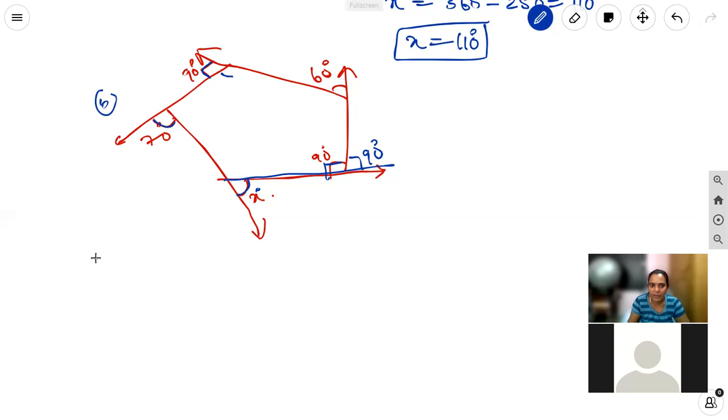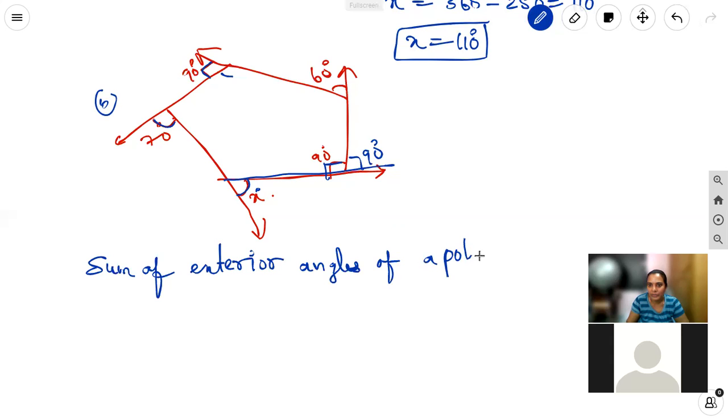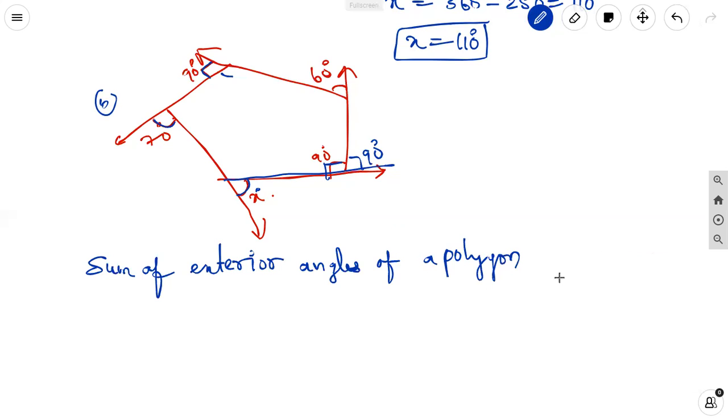This is also a polygon. We know that sum of exterior angles of a polygon equal to 360 degrees.